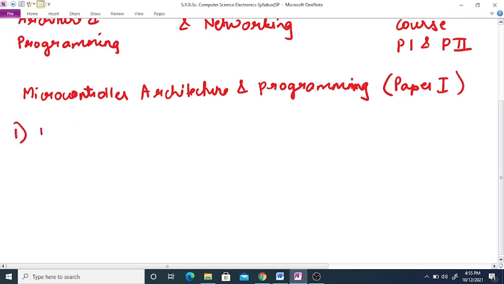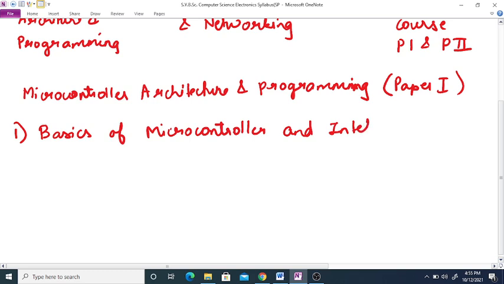First unit is basics of microcontroller and Intel 8051 architecture. That is, we are going to study microcontroller 8051 in this paper in detail.